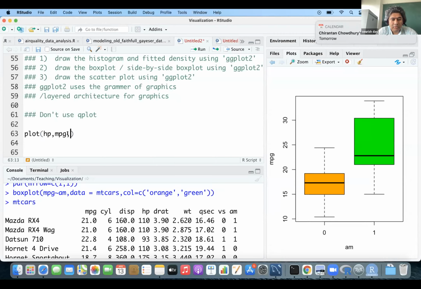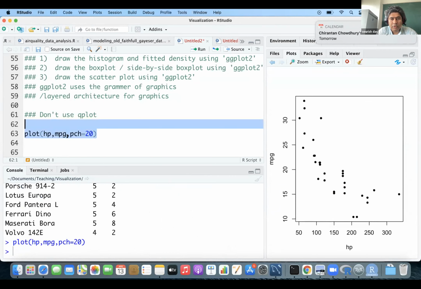Yes, sir. Okay. So I will just plot this. On the x-axis I'm plotting horsepower, on the y-axis miles per gallon.